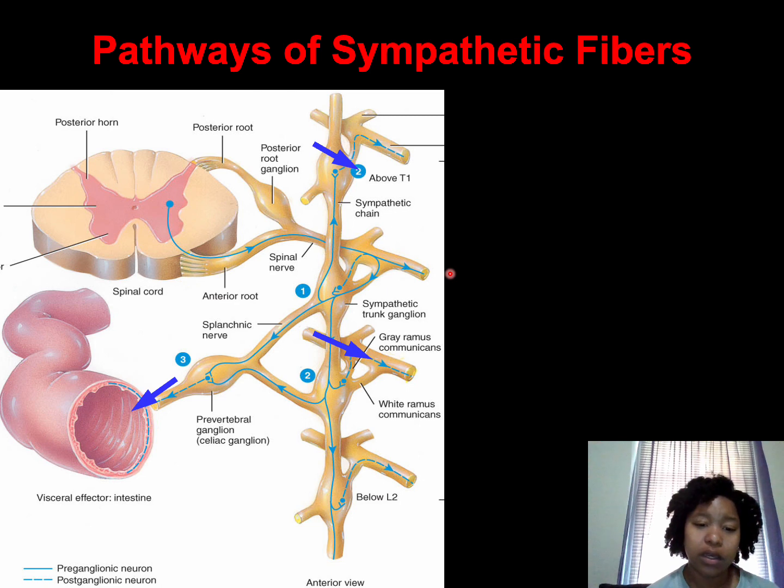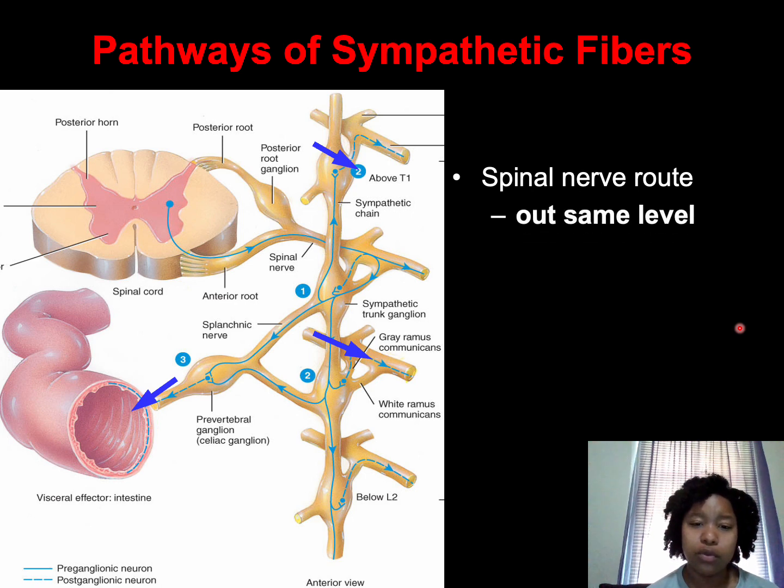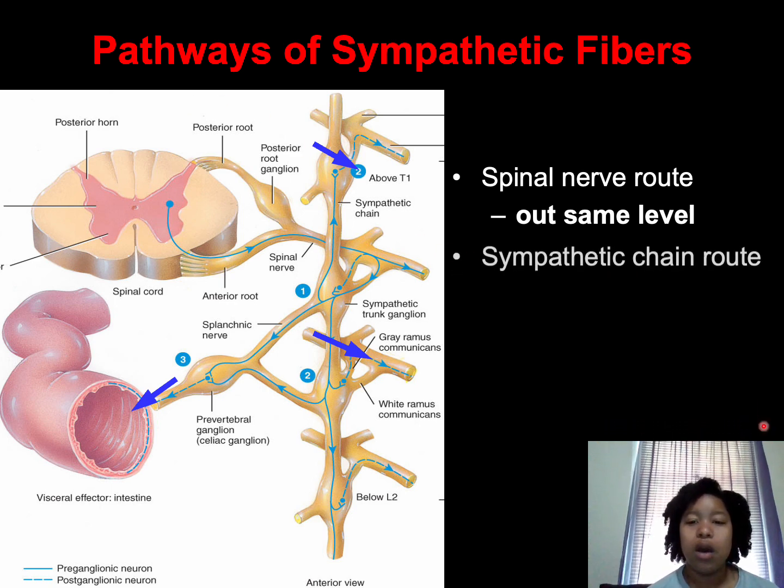So this is the pathway of parasympathetic fibers, right? So it'll have the spinal nerve root, which is where they go out at the same level that they came in. So essentially it'll be like if sensory information goes in, it'll come right back out. That's when it happens at the spinal nerve root.